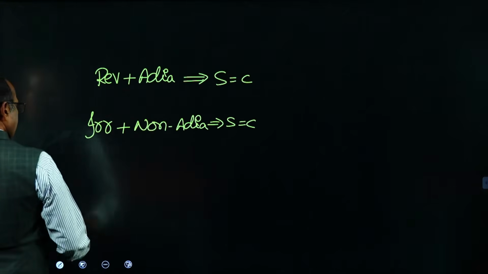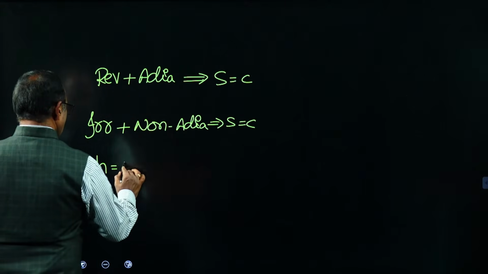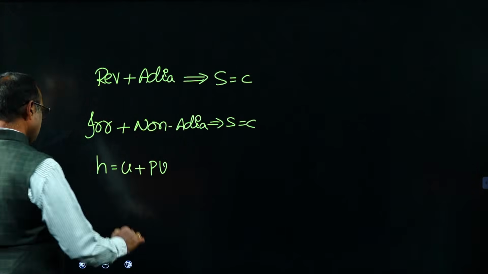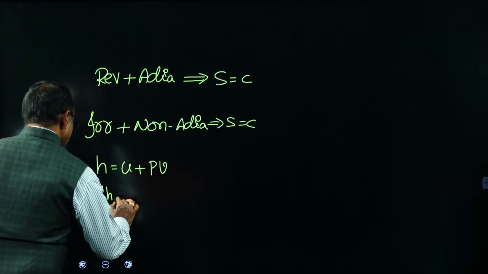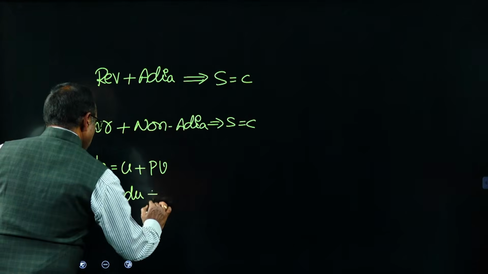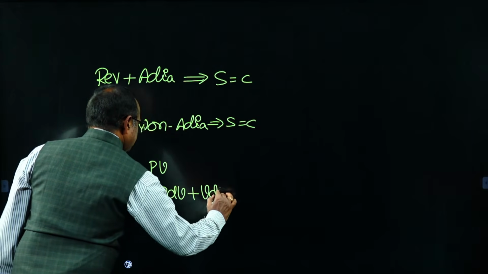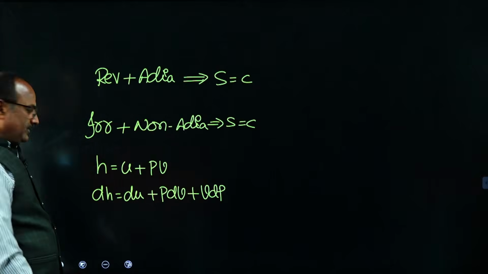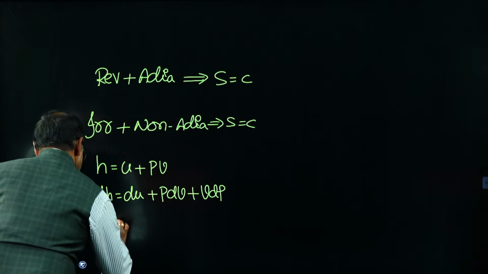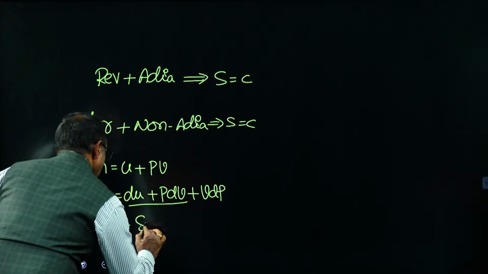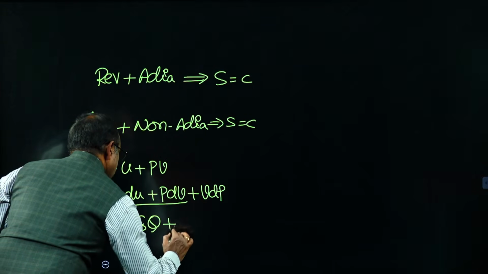As you know, H equal to U plus PV. Then dH equal to dU plus PdV plus VdP, which is equivalent to del Q plus VdP.